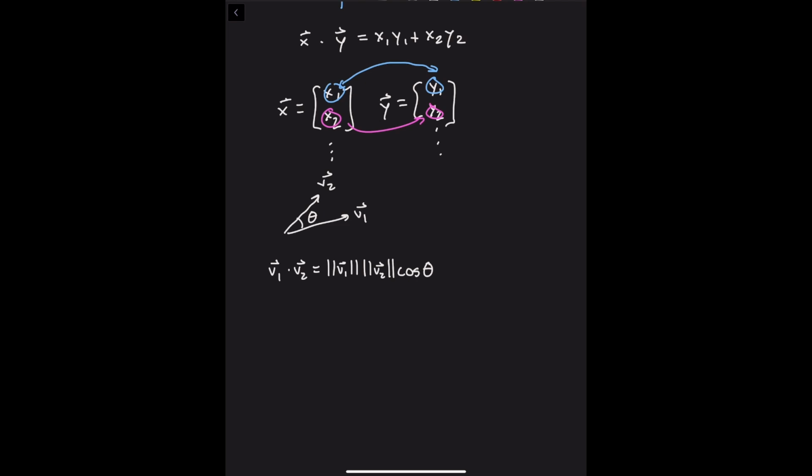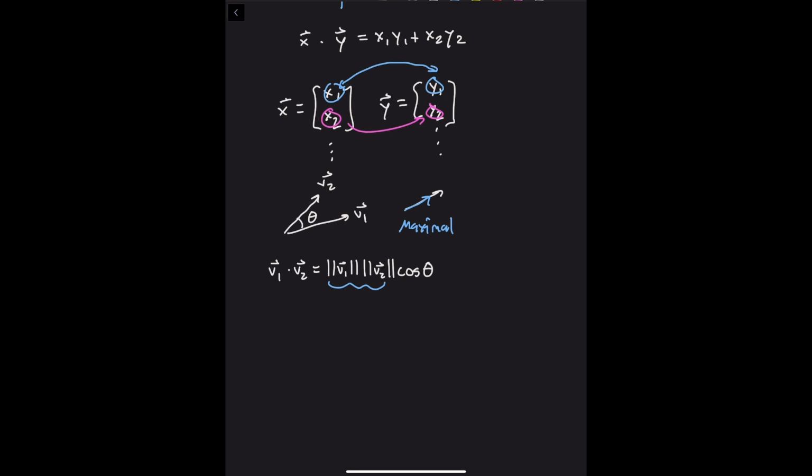So the dot product measures, first of all, how big they are. That's what's coming from these magnitudes here. But also, it has a component of their direction. So if these 2 were exactly the same direction, then that's when their dot product is maximal.